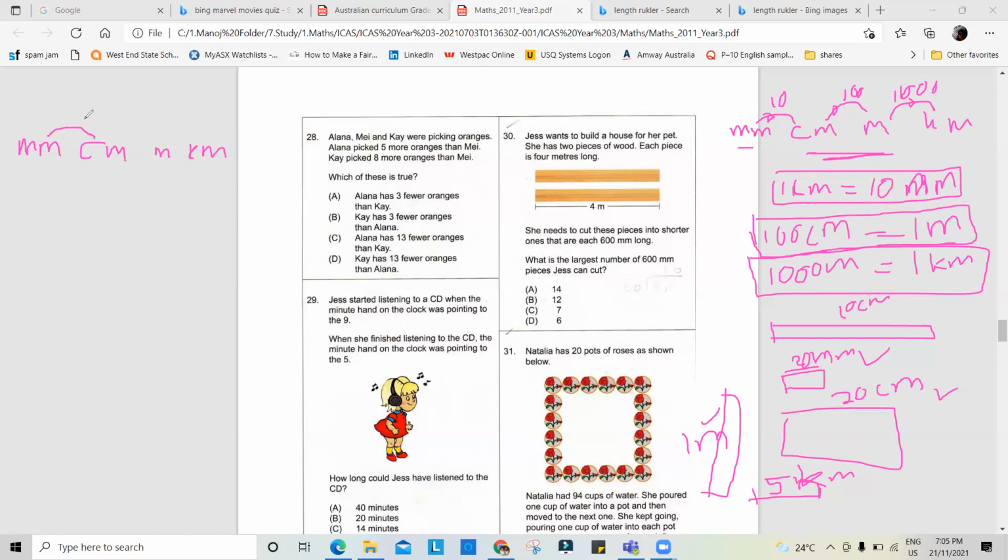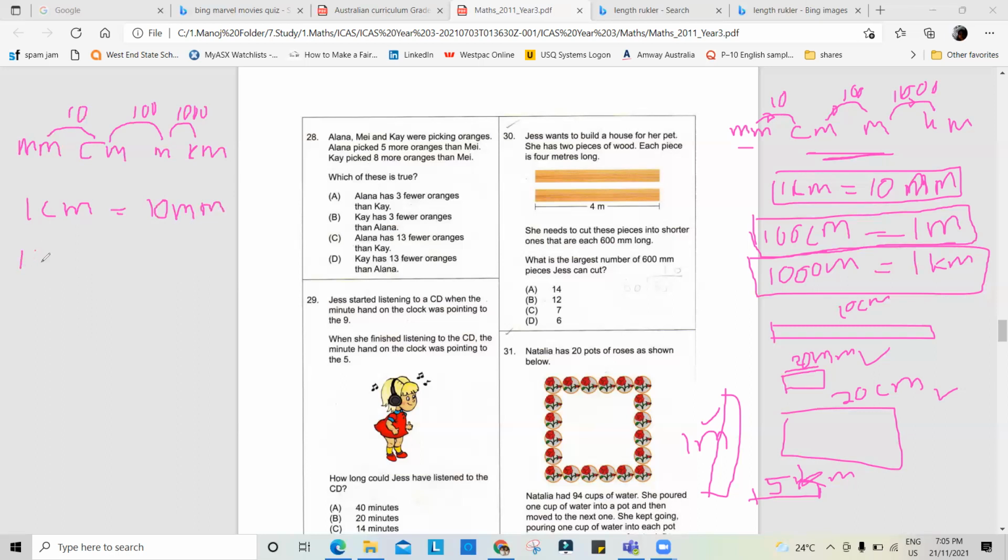And from here to here, 10. Centimeter to meter, 100. Meter to kilometer, 1000, 3 zeros, right? And 1 centimeter equals how many? 10 millimeters, right?